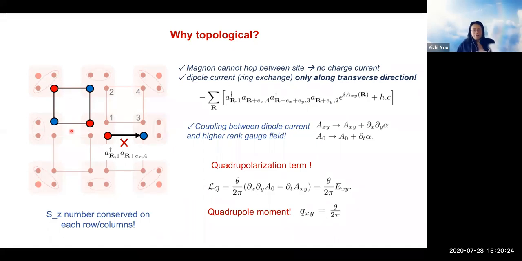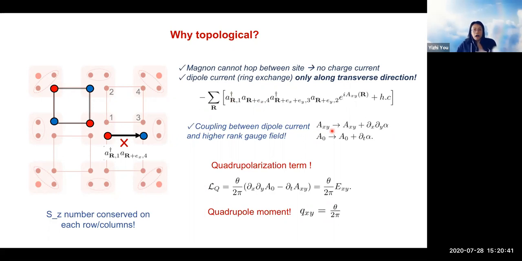And hence, if I gauge such kind of term, I will minimally couple such a ring exchange term with a rank 2 gauge field, which I will call A_xy. Because it is a gauge connection, we can define its gauge transformation.